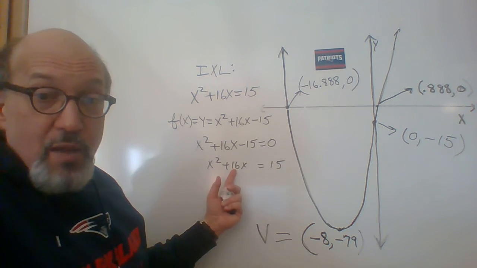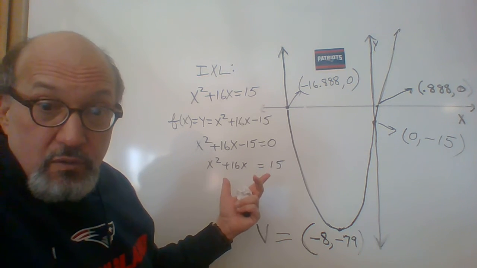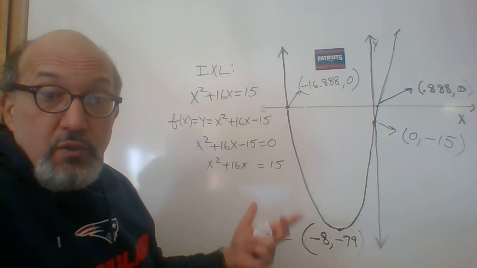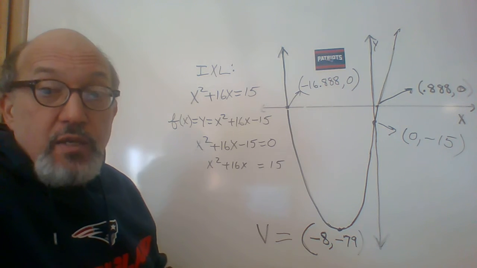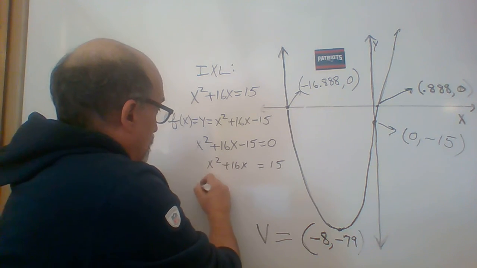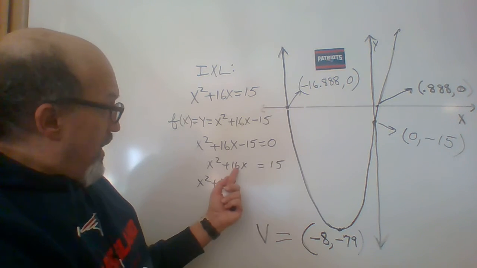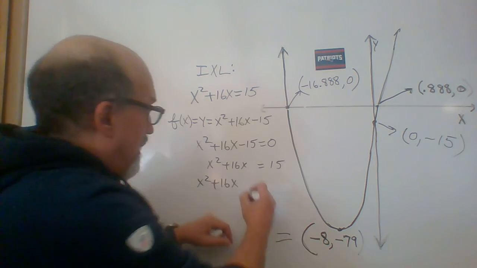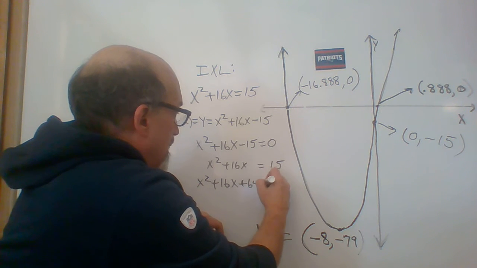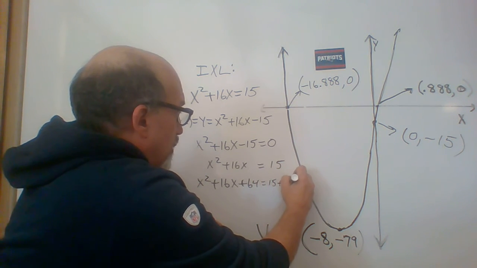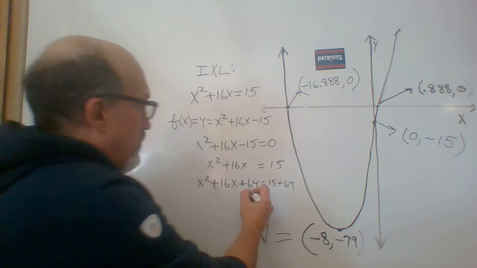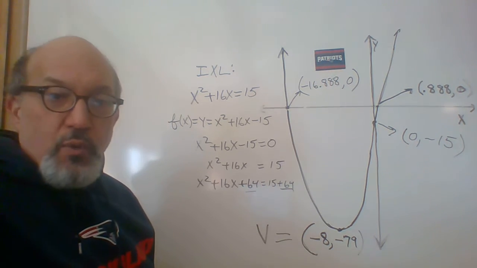Now this is an even number. If this had been odd, it would be a little harder, because when you take half of an odd number, it's not an integer. But what we want to add to each side here is, of course, 64. Half of 16 is 8. Square it to get 64. We have to keep an equivalent equation to the one we started with, so we have to add 64 to each side.